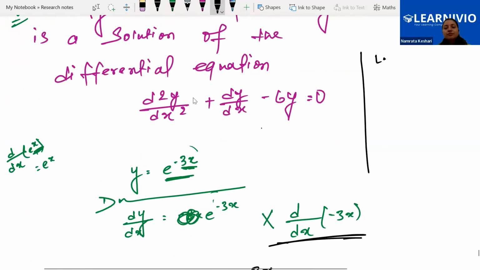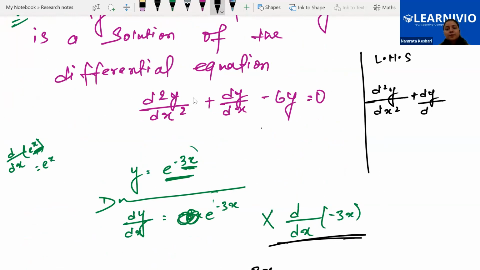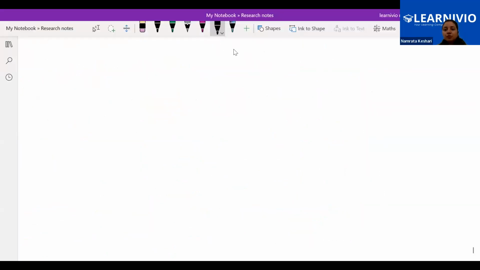Our left hand side is d2y by dx2 minus dy by dx minus 6y. Do the calculation, Murtaza, and check it. Are we getting 0 or not? Substitute d2y by dx2 which we have found so far.